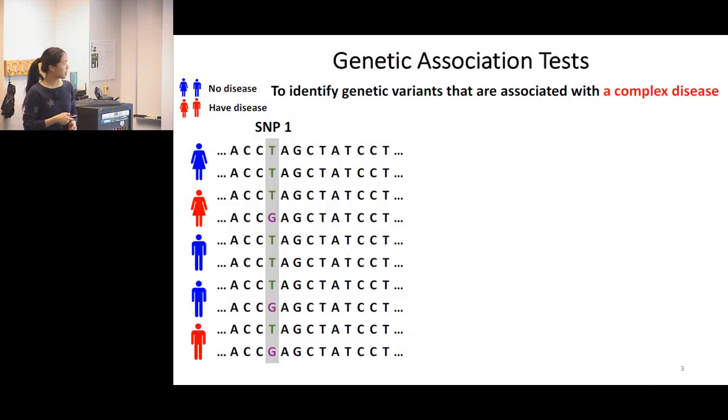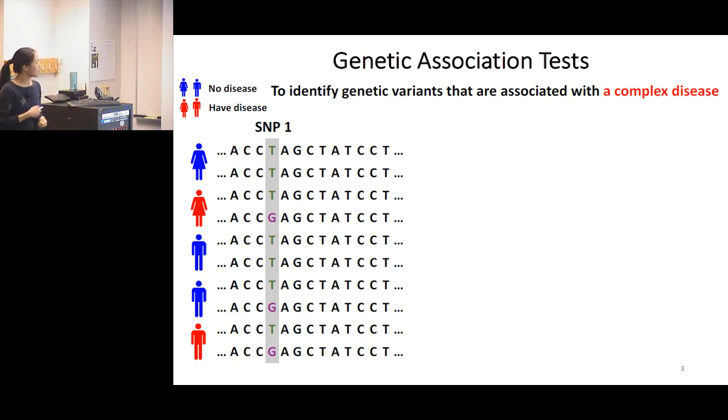The widely used approach to identify genetic variations for complex diseases is a genetic association test. Here's an example to show how we perform genetic association tests to identify genetic variants that are associated with complex disease.